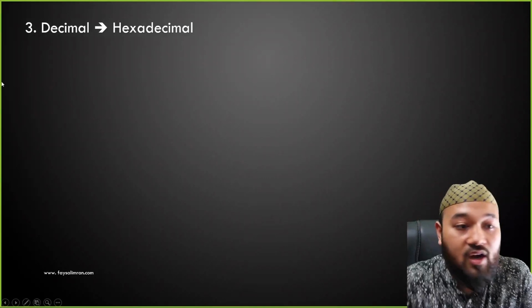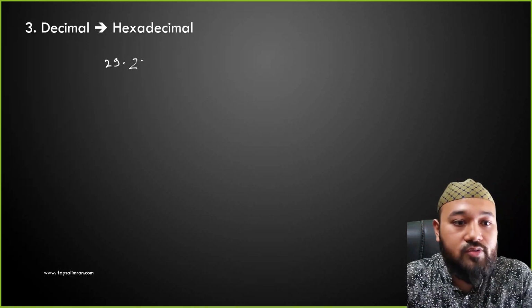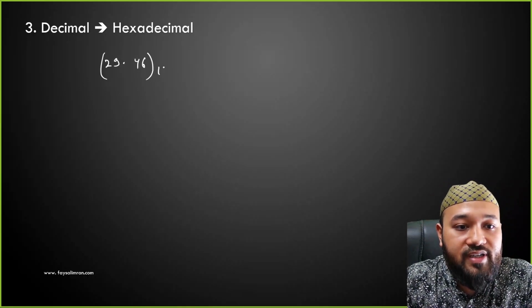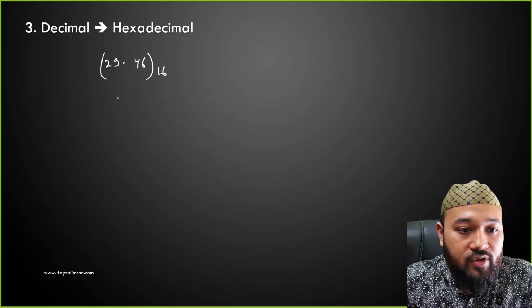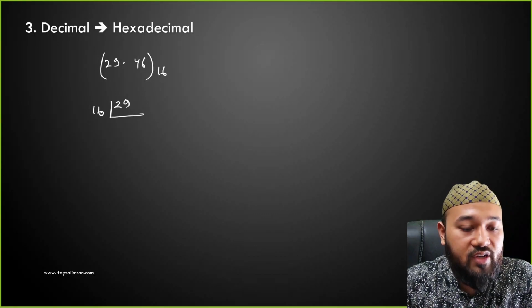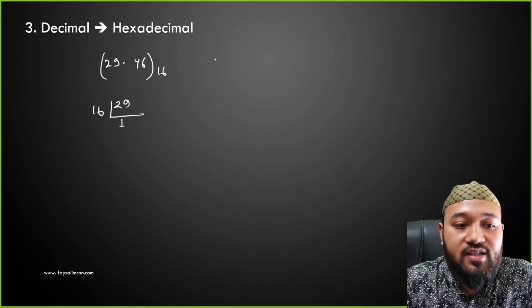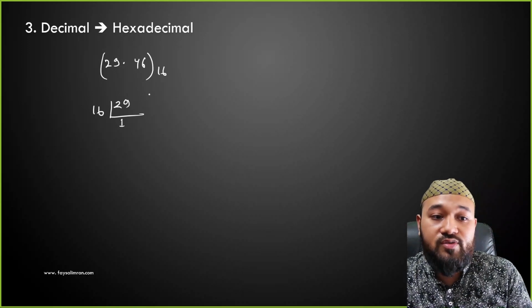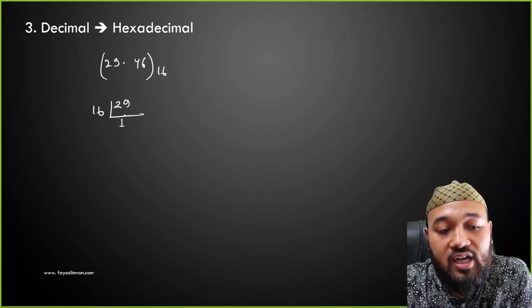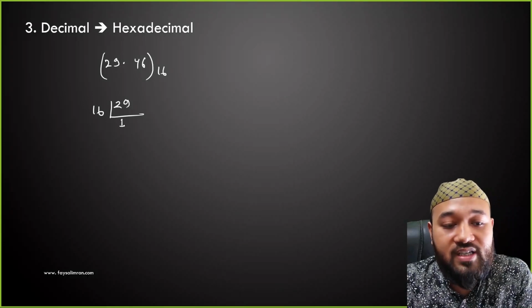Okay, our third conversion is decimal to hexadecimal. 29.46 is our decimal value. So we have to divide by 16, so the result is 1, because 16 into 2 is 32, which is bigger than 29, so we have to keep it less than 29. So 16 into 1 is 16.